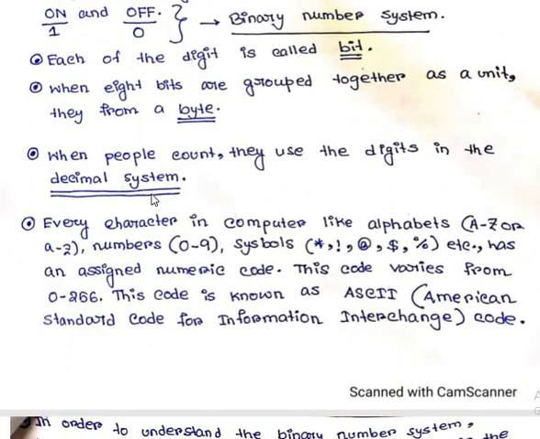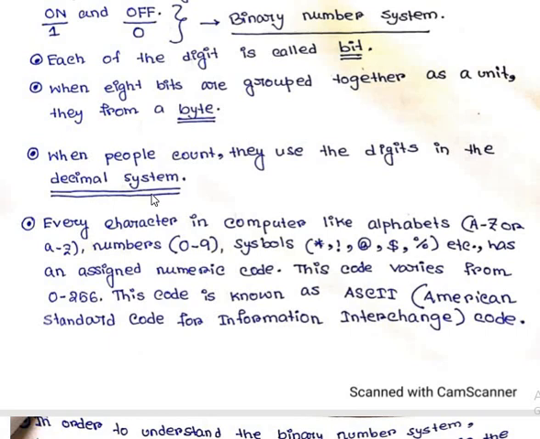Now every character in the computer, like alphabets A to Z, capital or small, numbers 0 to 9, and symbols like star, exclamation, @, dollar, modulus, etc., has an assigned numeric code. All the characters have an assigned numeric code.